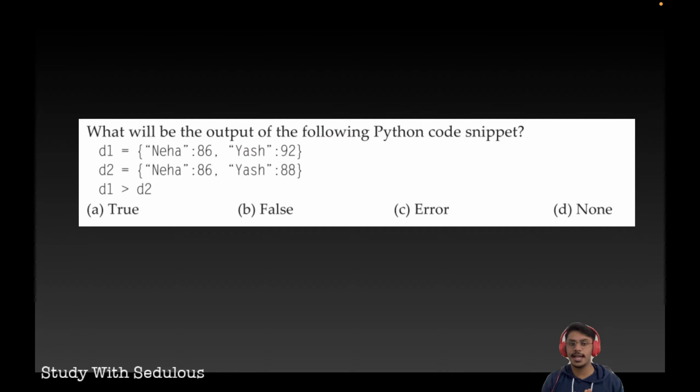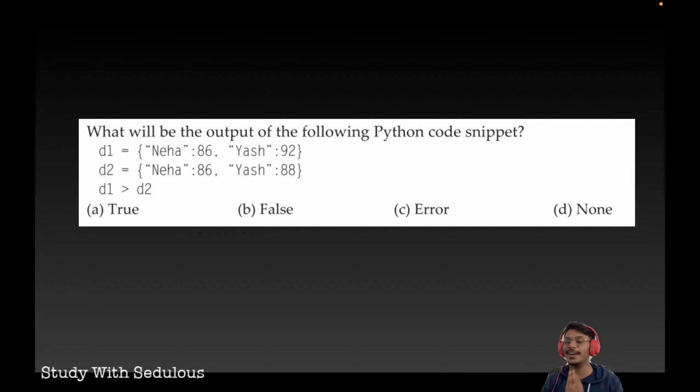In dictionary we don't have a specified arrangement, so it's an error. It will be an error because we don't have a condition to compare two dictionaries. Cannot be used in dictionaries.